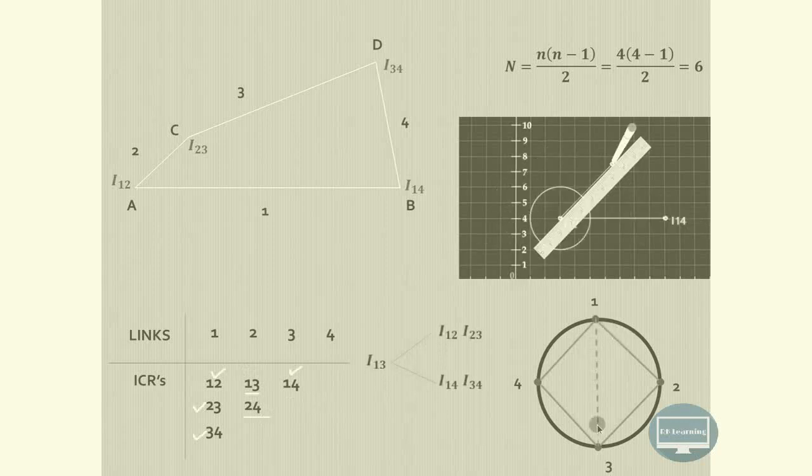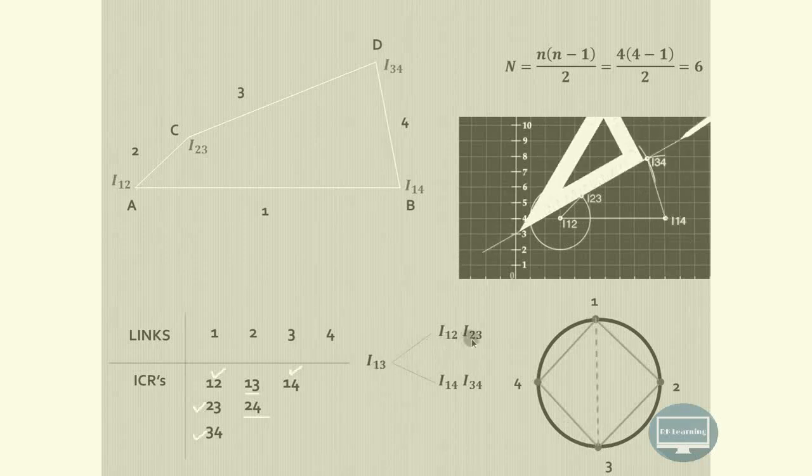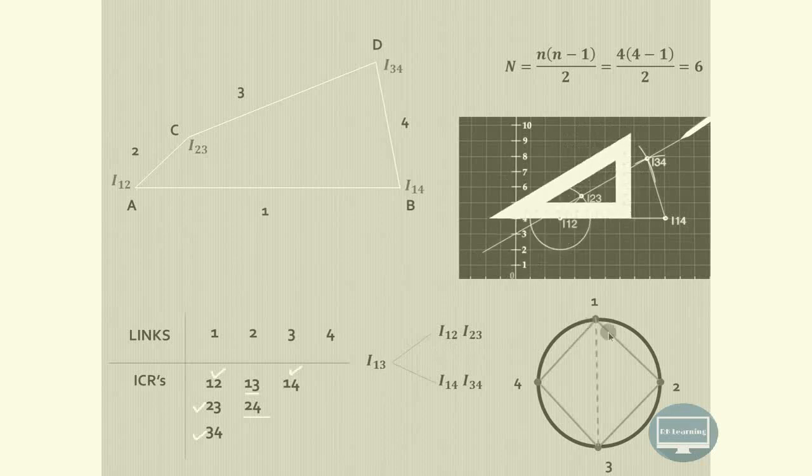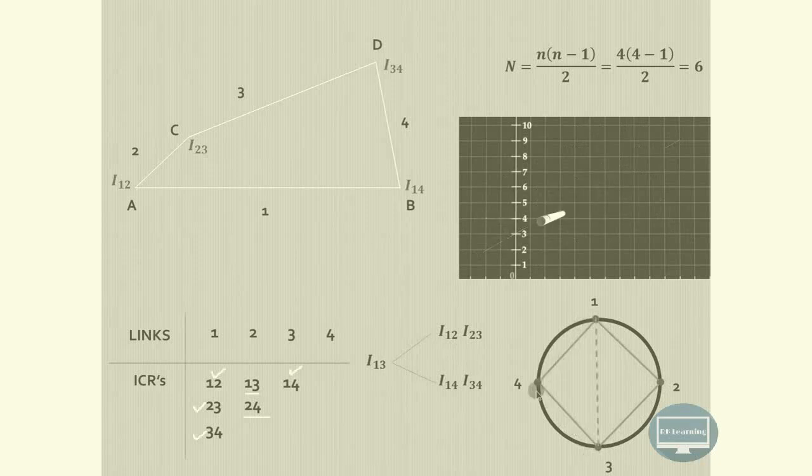Now join this 1,3. When we join 1,3, two triangles are formed on either side of it, that is 1,2,3 and 1,4,3. So we can say that 1,3 is the combination of 1,2 and 2,3, and similarly 1,4 and 3,4.